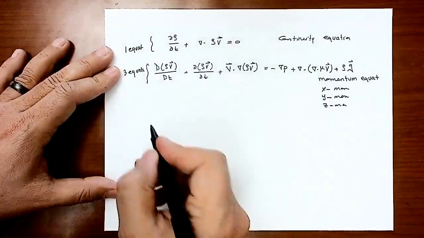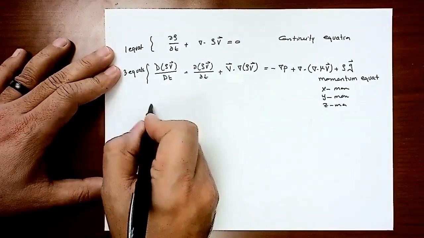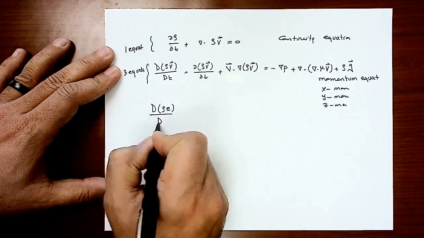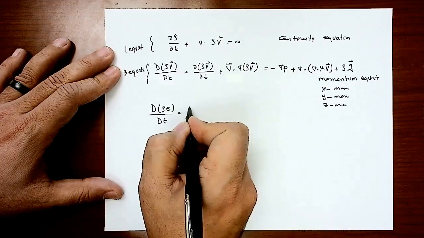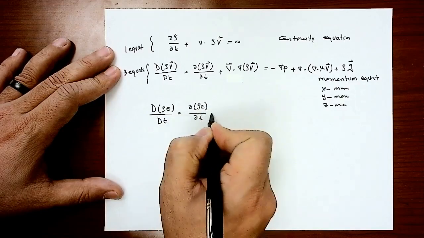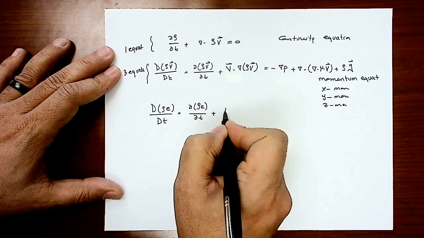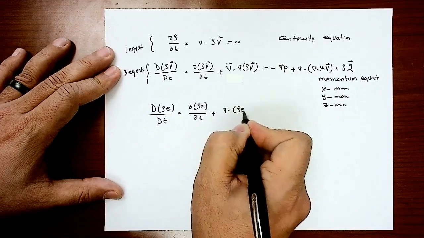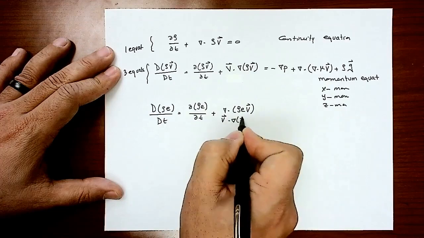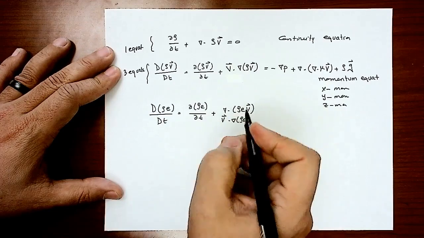And the last one is the energy equation, which is d rho e by dt, which is simply partial rho e by partial time t plus nabla dot rho e v, or it's v dot nabla rho e, but I prefer the first form.